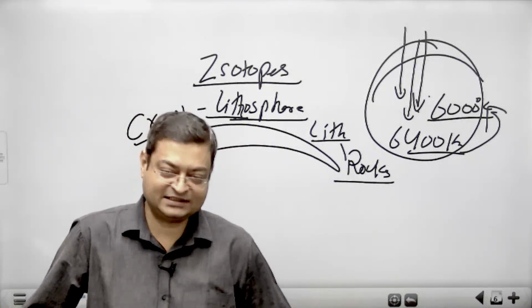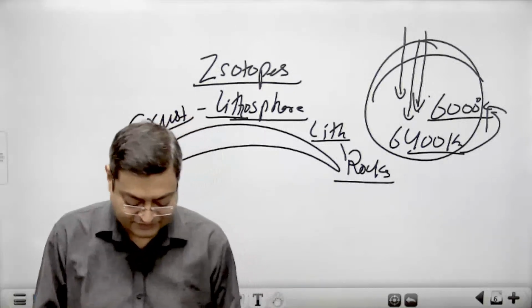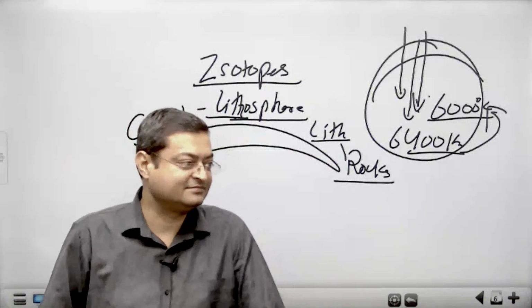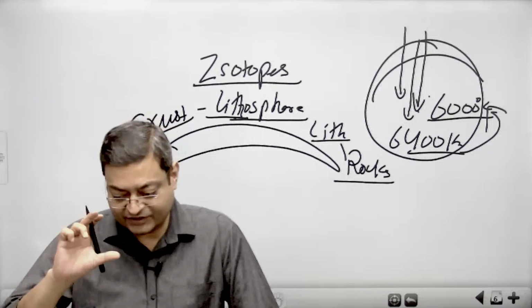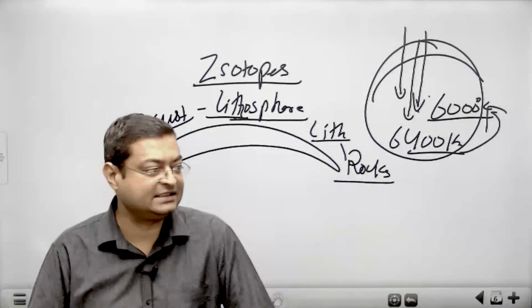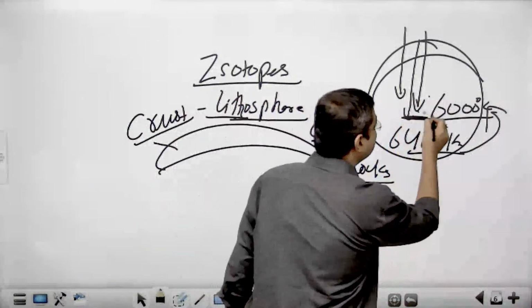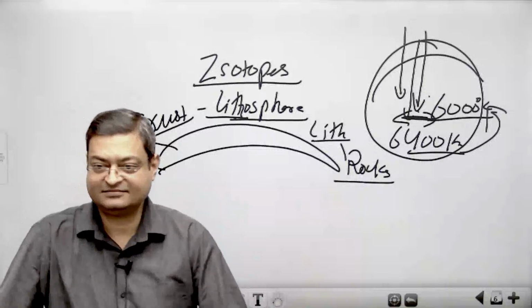So if you are staying in Delhi, basically you are standing on Aravalli. Your Delhi is situated on Aravalli, at the last point of Aravalli. So the rocks which are beneath us are bad conductors of heat, and that's why we are unable to sense this 6,000 degrees centigrade of heat.